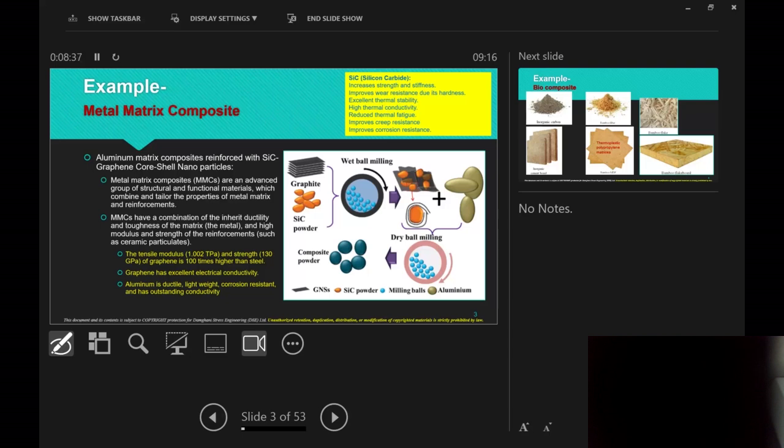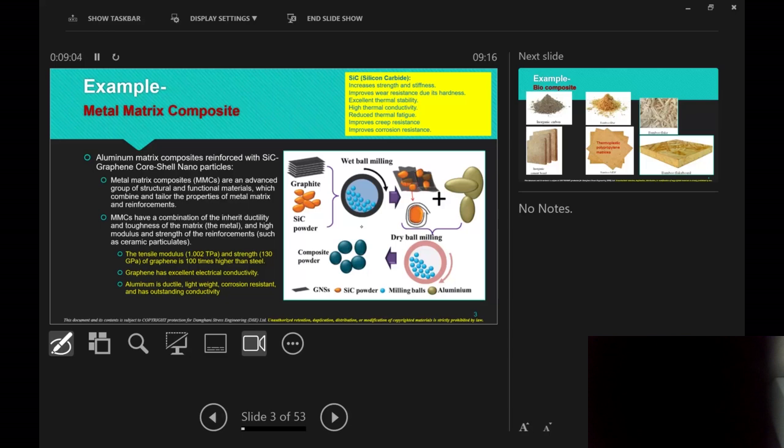And how much is the strength of steel? Any ideas? Just give a number. 400, 500 megapascal, maybe 600 megapascal, depending on the grade of steel. And you can see the difference is huge.